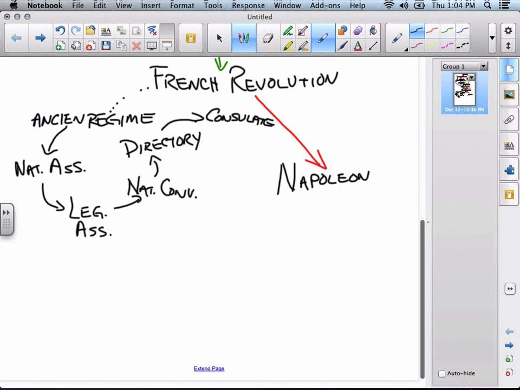They pare themselves down to the Consulate, which is 3 guys in charge, which is called a triumvirate. And then one of those consuls seizes control and becomes Napoleon, who is then an emperor. Whoops, an emperor.